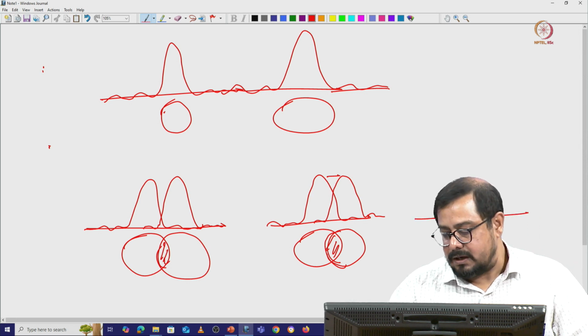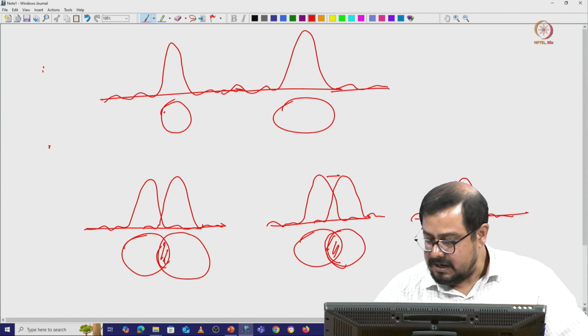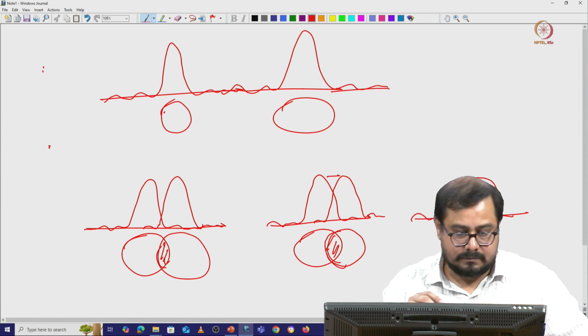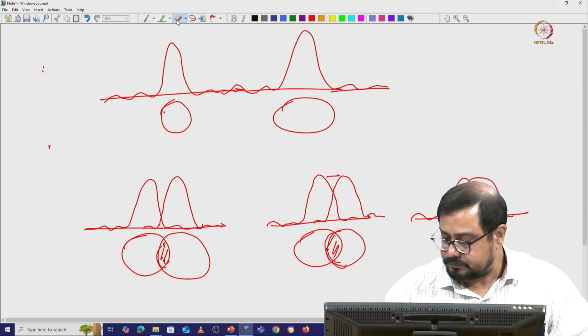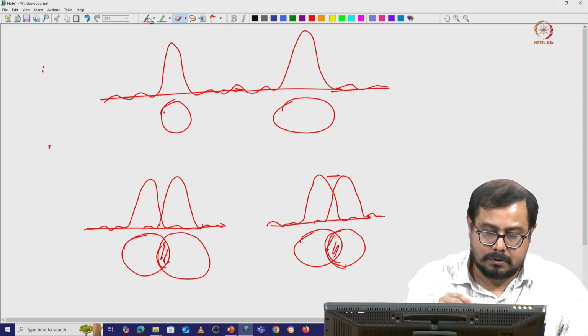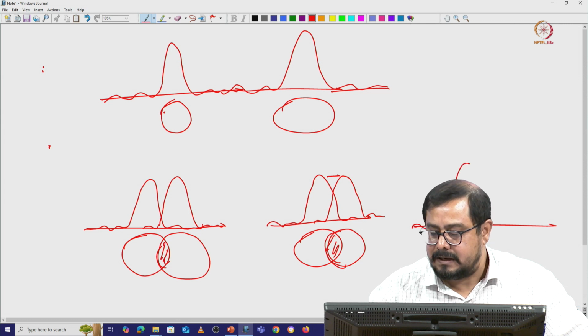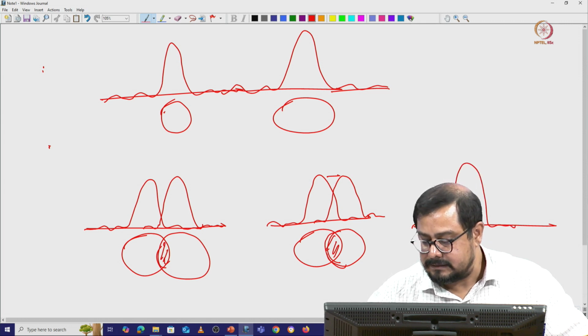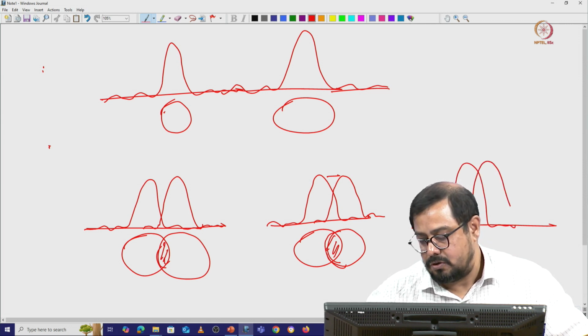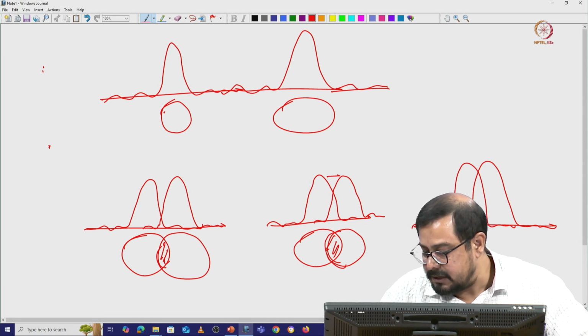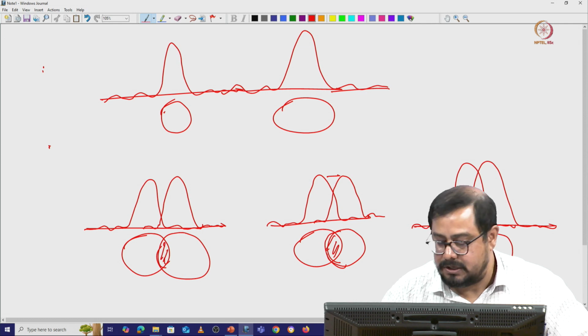Now the last possibility is this: we have a peak here, and the second one is also here. In this particular case you can see that both the rings are completely overlapped with each other.